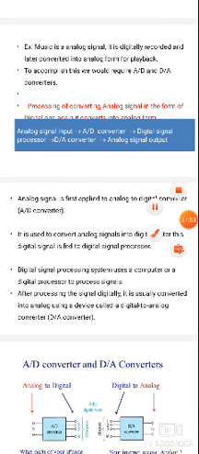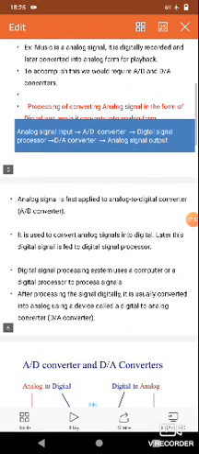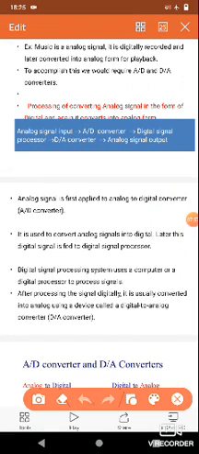First, the signal is an analog signal input. So we are taking the analog signal input. Next, by using an A to D converter, the analog signal will be converted into a digital signal. Next, the output of the A to D converter is the digital signal, which goes to the digital signal processor.